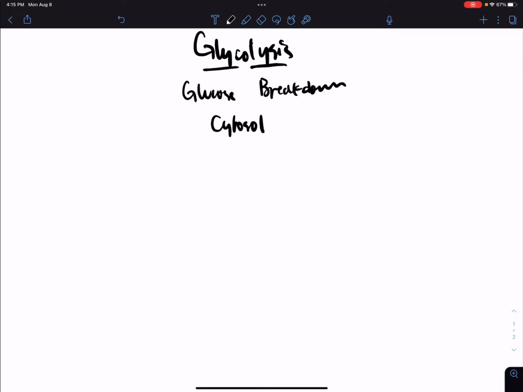There's a net equation for glycolysis, and it's something that you just have to memorize, and you will have questions on it on all of your exams.